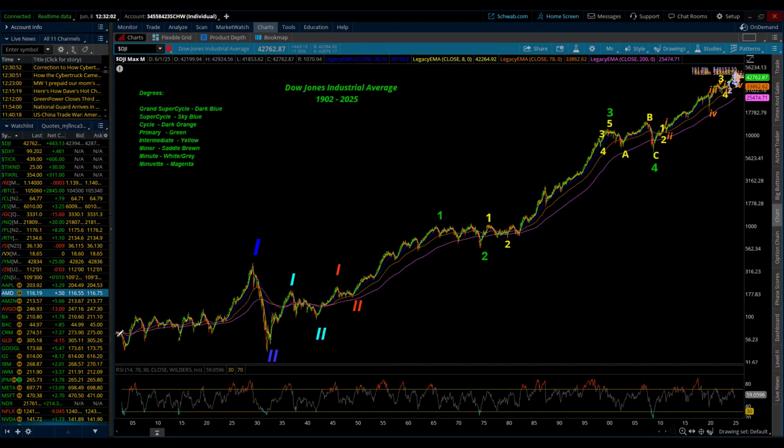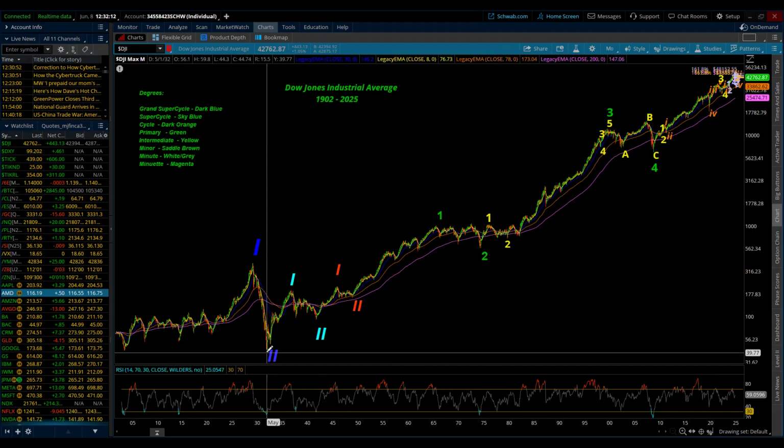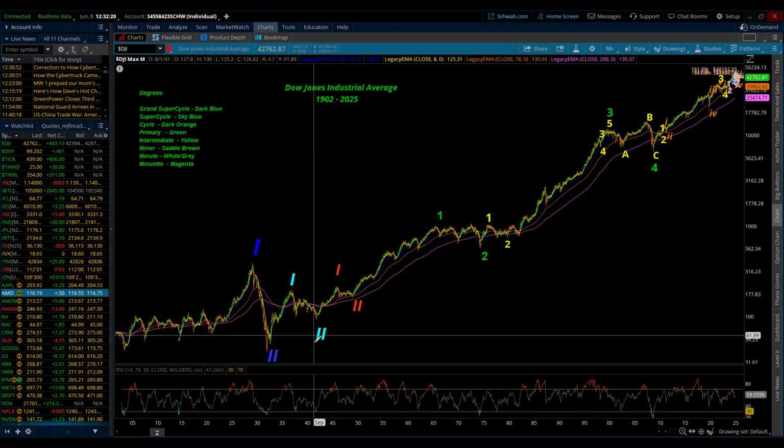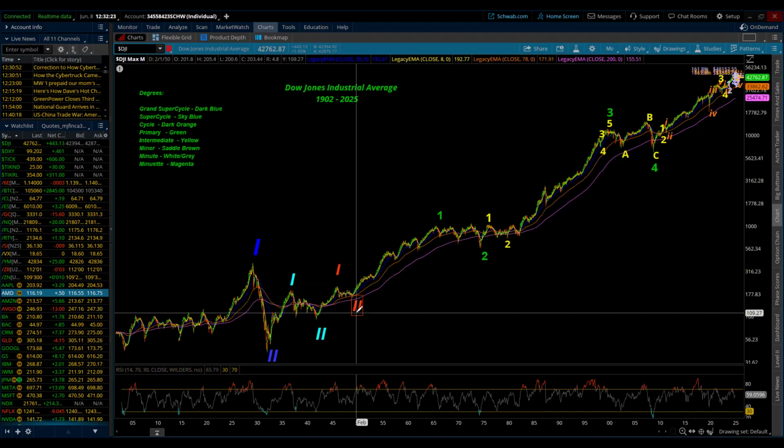Mind you, my data here goes back to 1902. So 1929 is the high of grand supercycle wave one, and the low in 1932 is the low for grand supercycle wave two. So we have 1, 2 grand supercycle, 1, 2 supercycle degree, 1, 2 cycle degree.